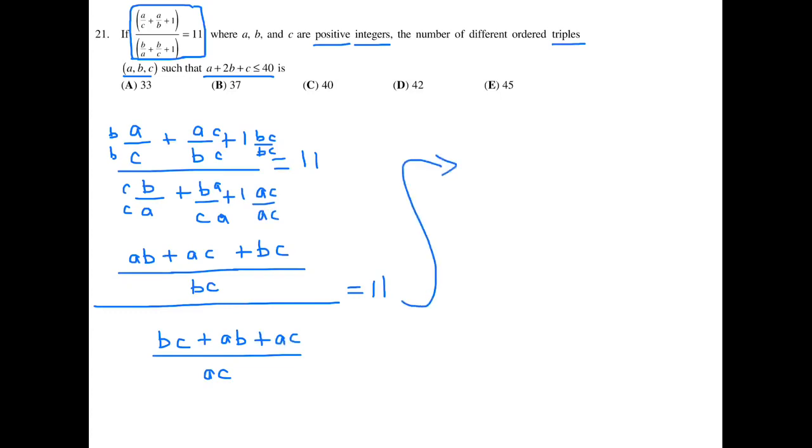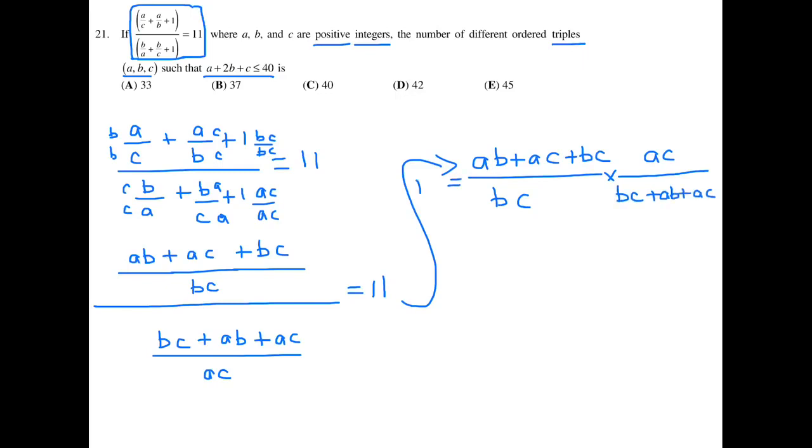Bring this over here. Invert and multiply, so (ab + ac + bc) over bc times ac over (bc + ab + ac) is equal to 11.